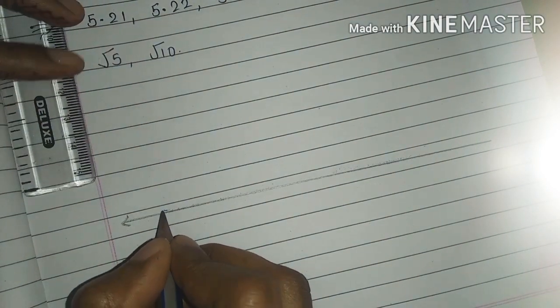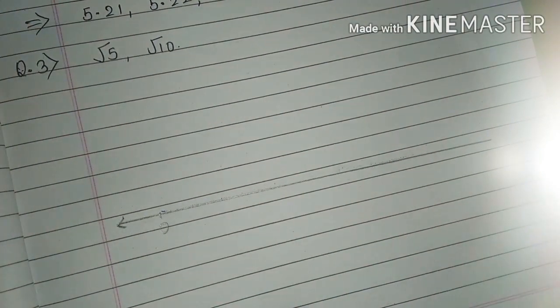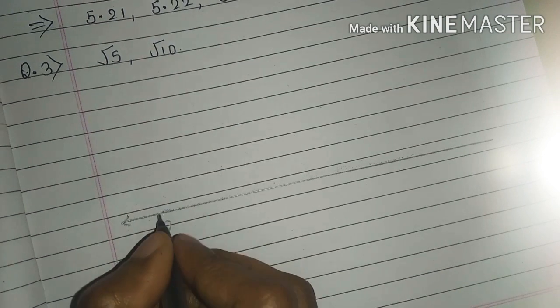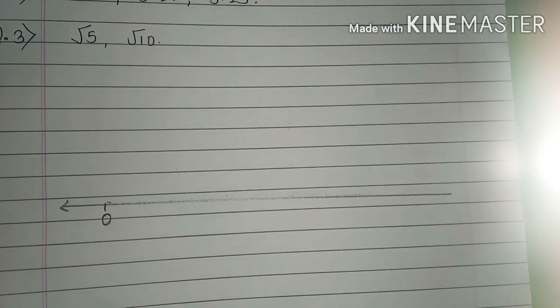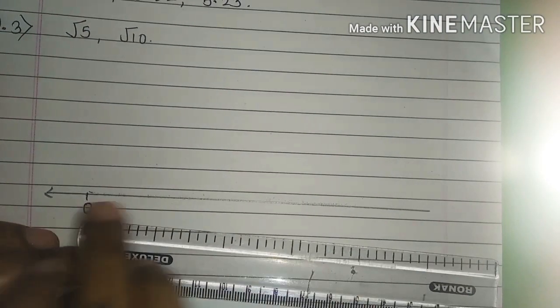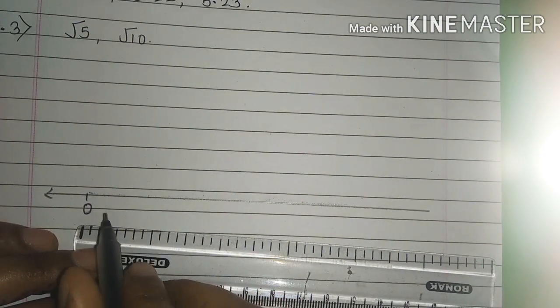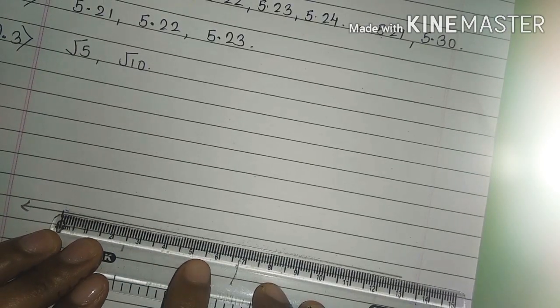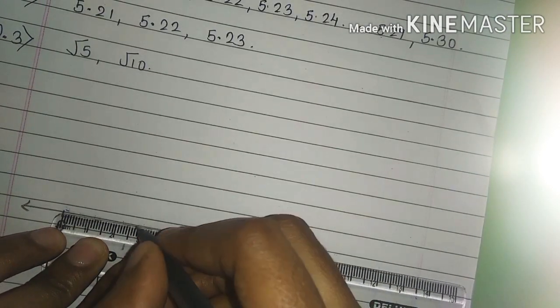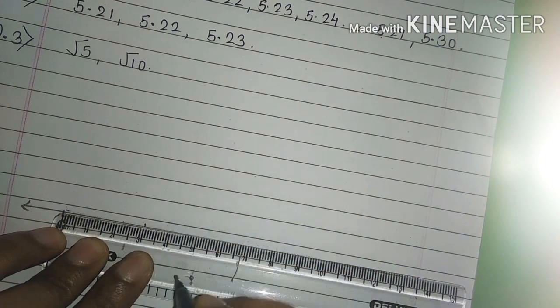Okay, let us take this as 0. Now write numbers 1, 2, 3 and take a specific distance. For example, here I am taking 3 centimeter for 1 unit.